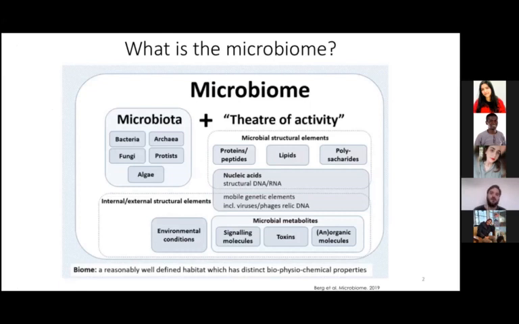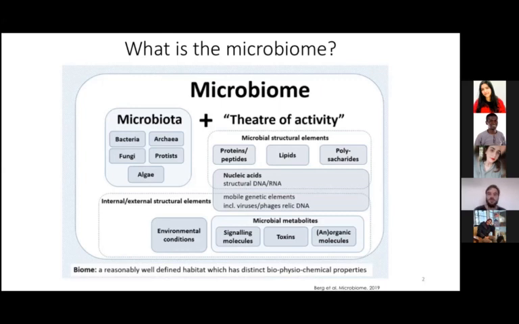But the microbiome also encompasses what we call the theater of activity, which includes proteins, peptides, lipids, polysaccharides, all of these elements that are produced by the microbiota and are together there in that microbial community.